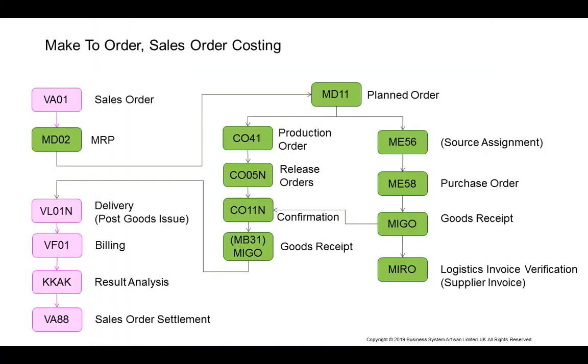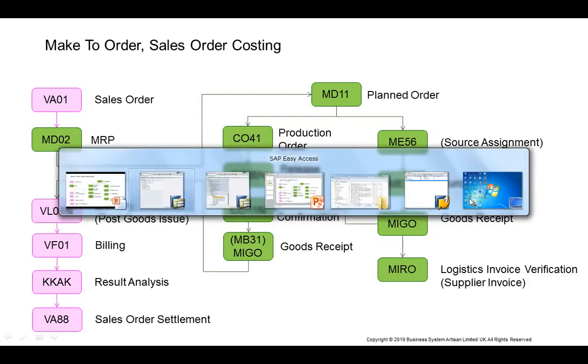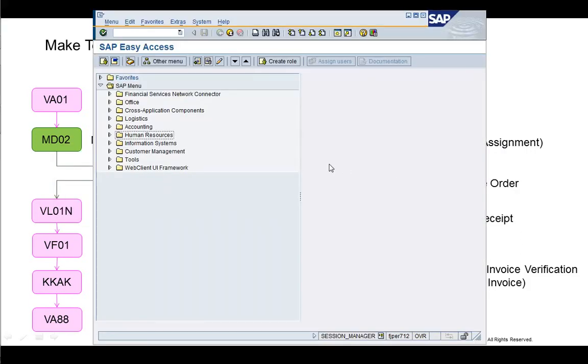What I'm going to do is ME58. Once again, we have a software bug and I want to skip this one. But if you haven't created a source list, you have to assign the source using ME56. Then you have to do the purchase order. Let's do the ME58.